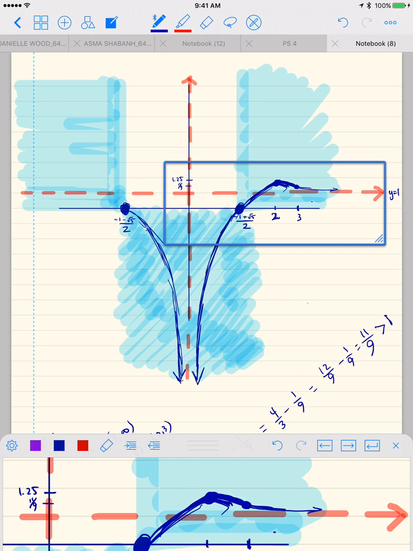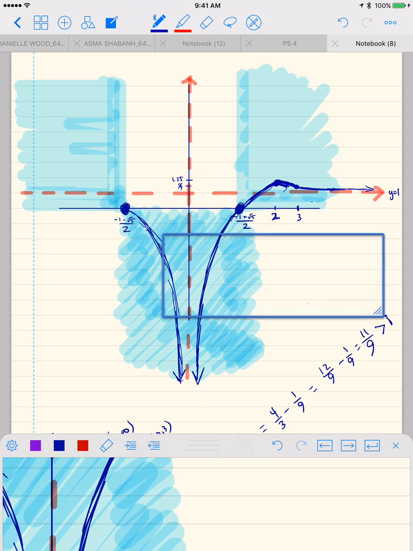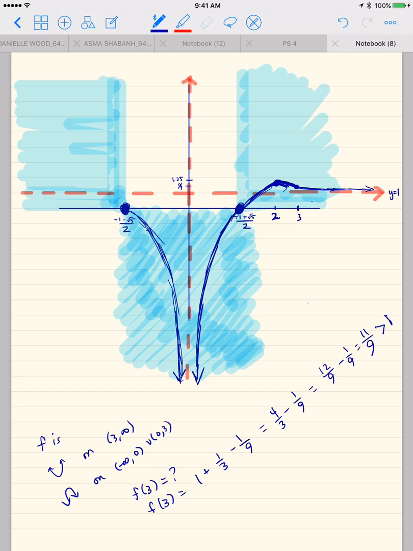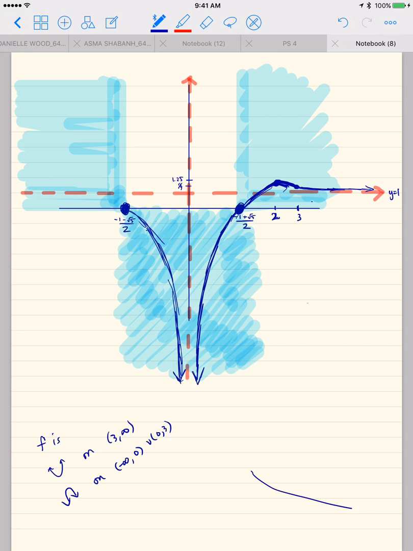It's kind of hard to see, but essentially, this is concave up and decreasing. And we are hooking this up, right? We're hooking it up with something that is concave down.